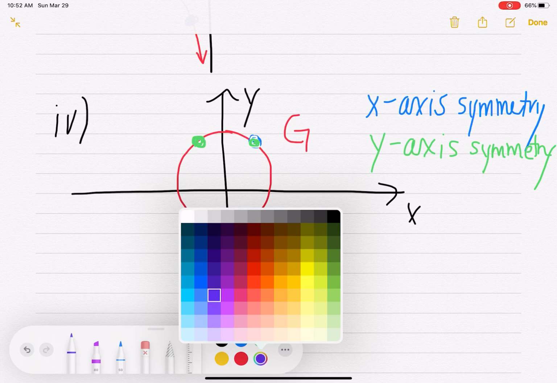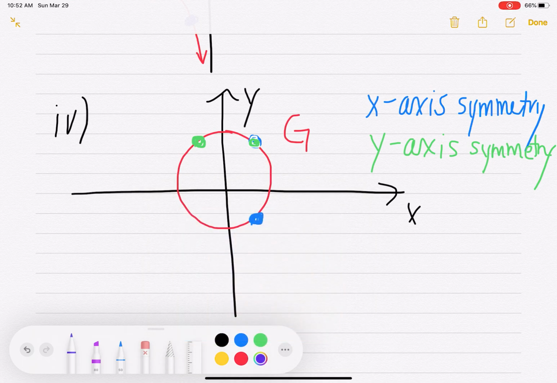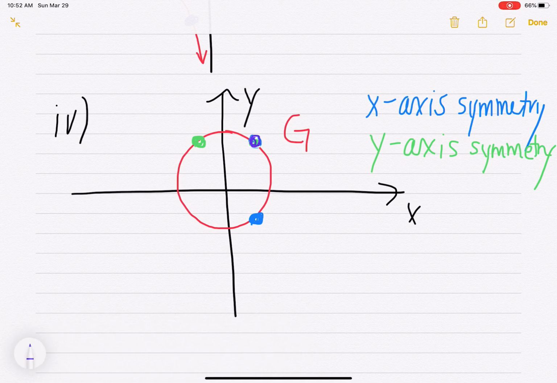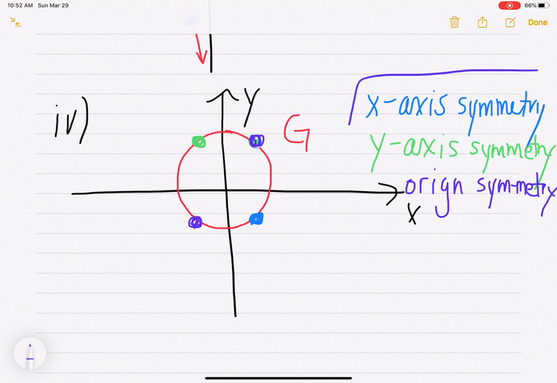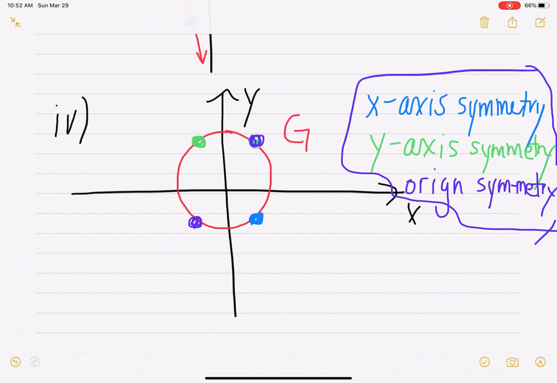That initial point I started with is in the first quadrant, and there's a point down in the third quadrant opposite. So it actually has origin symmetry. It has all three types of symmetry. A circle centered about the origin, 0, 0 has x-axis, y-axis, origin symmetry.